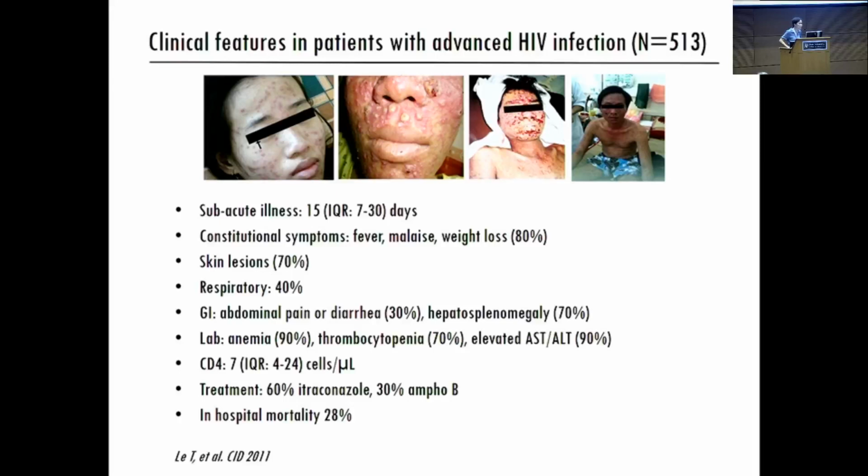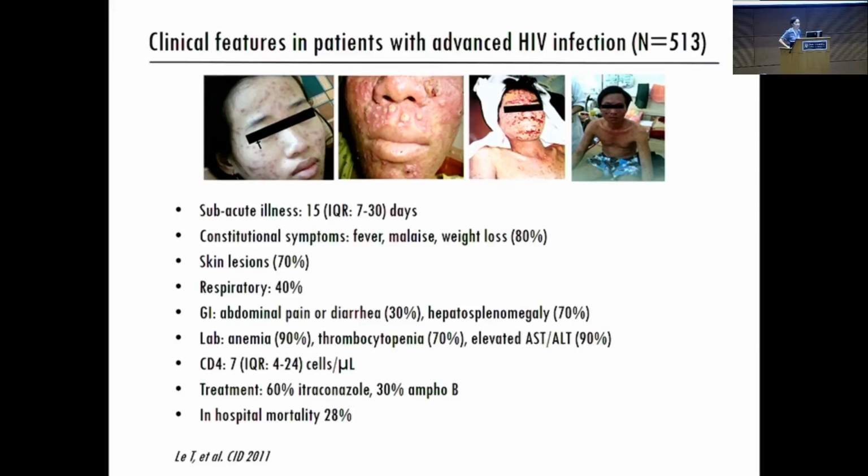They have multi-system disease, but mostly involving the reticuloendothelial system, because that's how the pathogen disseminates: through the macrophage and the lymphatic system, and disseminates through the liver, spleen, and bone marrow, causing bone marrow suppression with anemia, thrombocytopenia, etc. We see this in very advanced HIV with a CD4 count of 7. So this is very late stage.